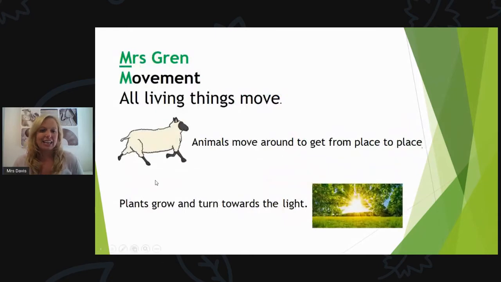Let's have a look going through each one. So movement, I'm sure you all understand what movement is. I'm sure you do lots of moving yourself. But all living things, including plants, move. Animals move around to get from place to place. Plants grow and turn towards the light.